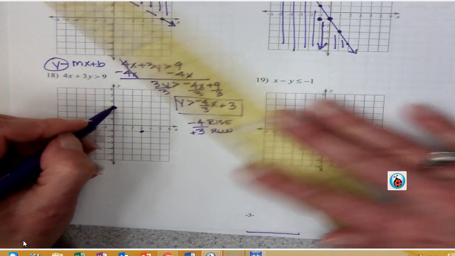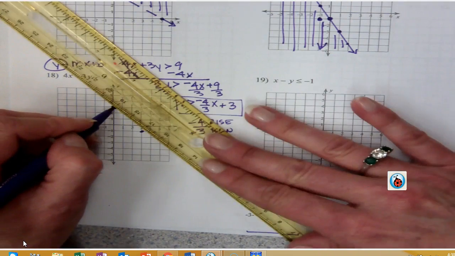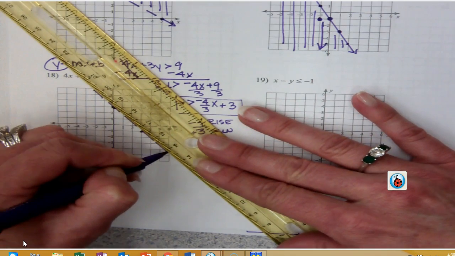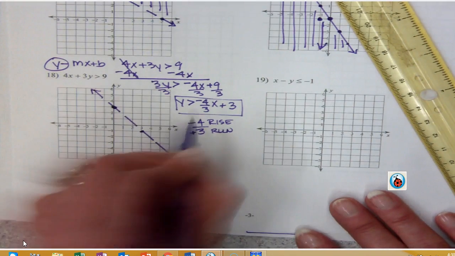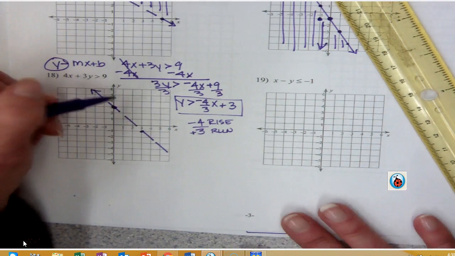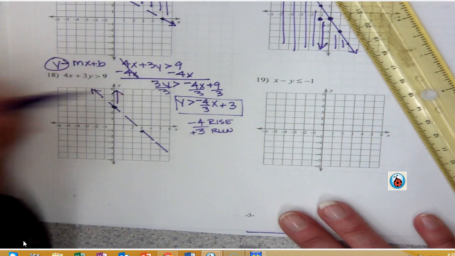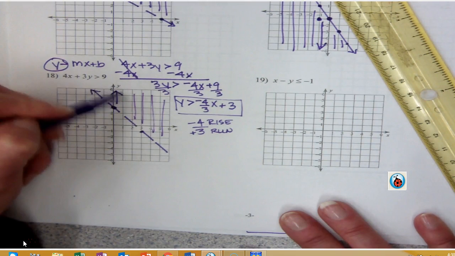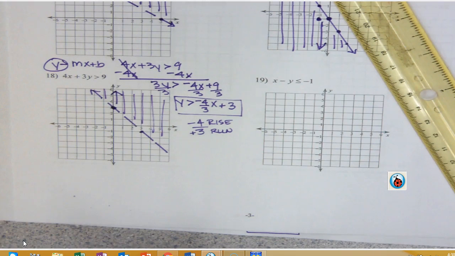And when I graph it, I want to make sure I do a dashed line because it's not equal to, it's just greater than. So since it's greater than, it's going up, which means I'm going to shade this area. Alright, that's the end for this video.